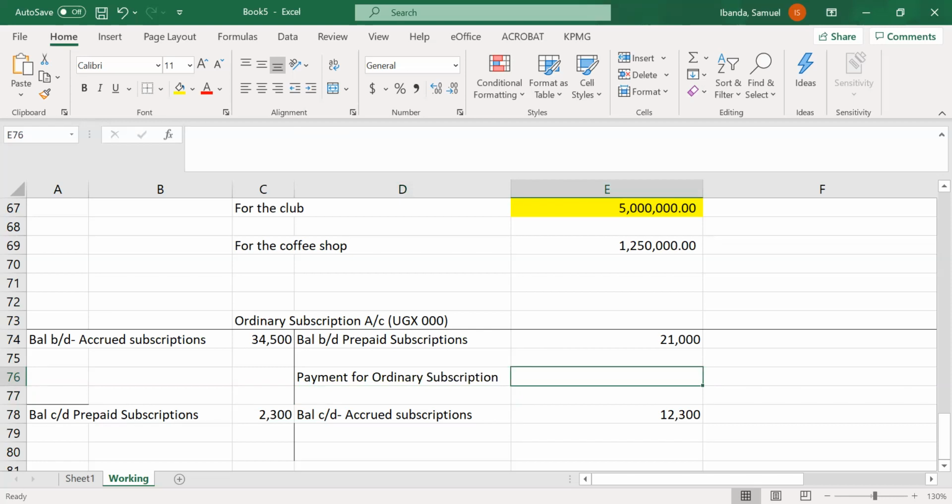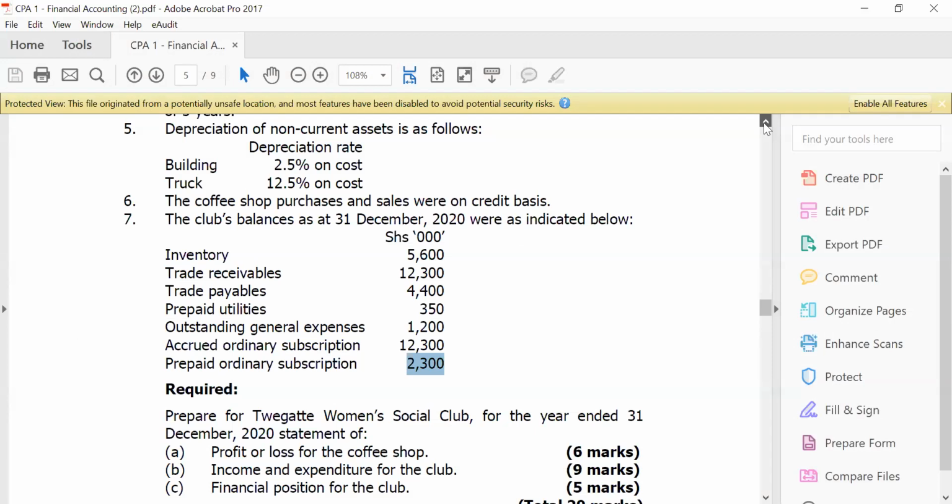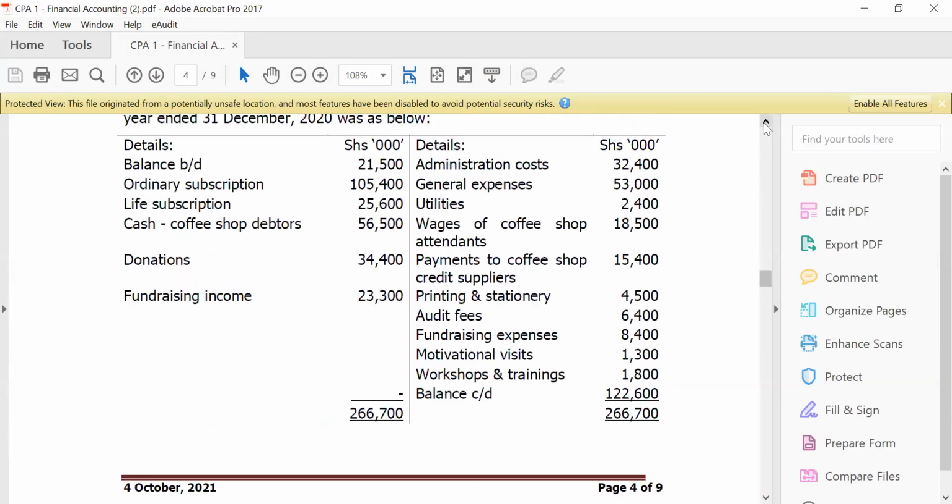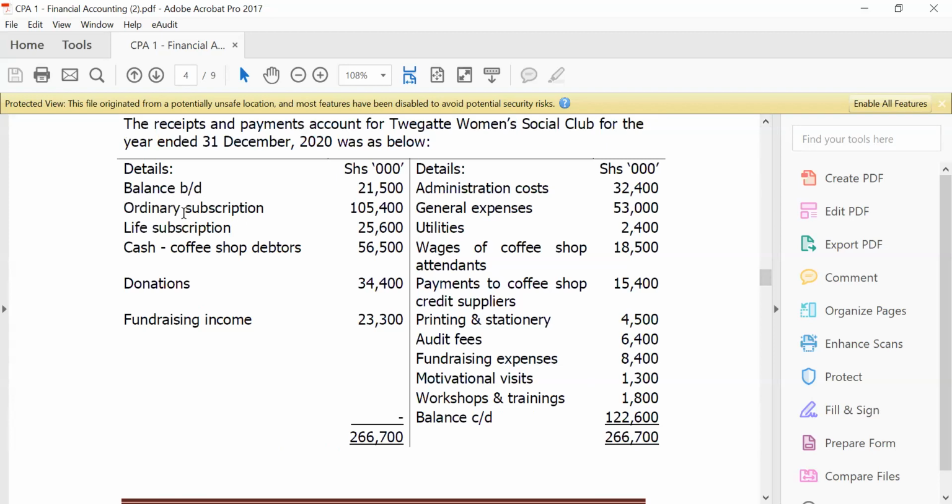So what was the payment for ordinary subscriptions that was made? When you come to your receipts and payments, the payment that was made for ordinary subscription is 105,400. This is the payment for ordinary subs that was paid within the year. So I come and record it here.